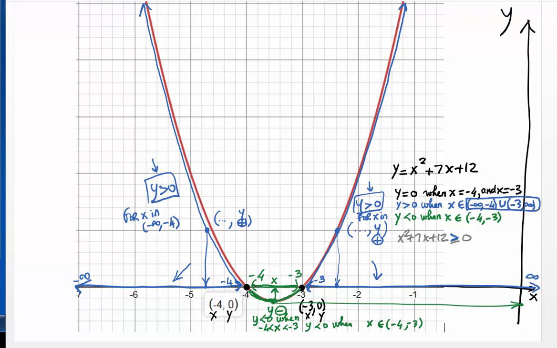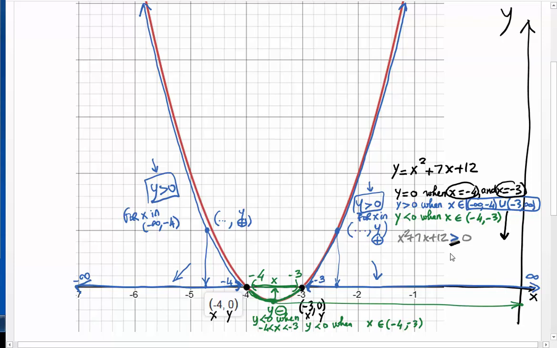Now when they say greater than or equal to, when they talk about the little equal being part of that, you modify this blue interval to now accept those end values. So the solution set of what they're asking is (-infinity, -4] union [-3, infinity).